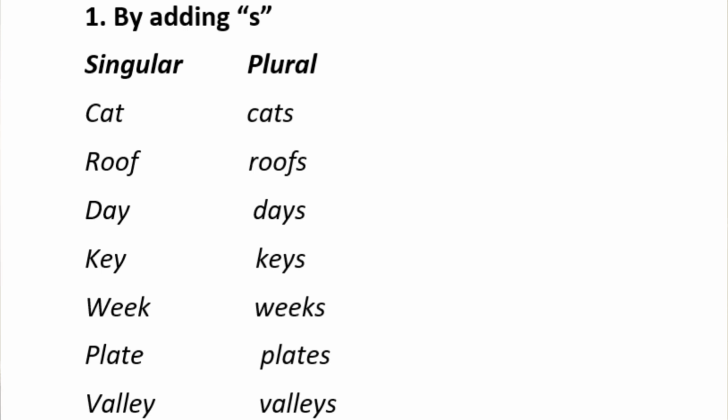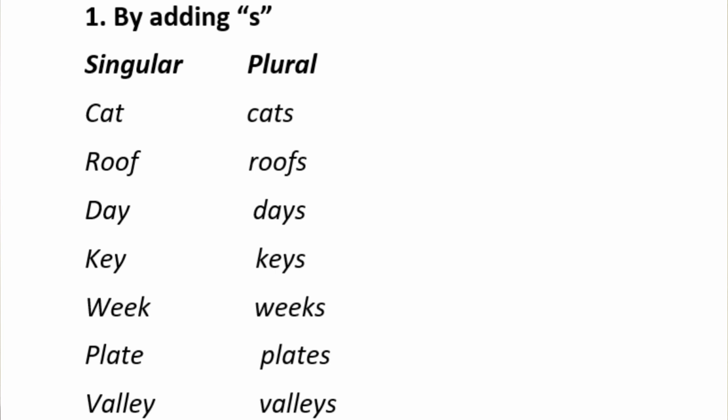What the rule says is all these nouns, which are singular, can be transformed into plural by adding s. So let's take a look at the added s in the words. For cat, which is singular, we have cats. For roof, we have roofs, with the addition of s.